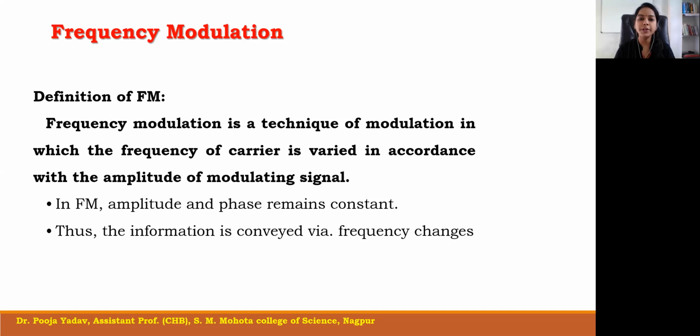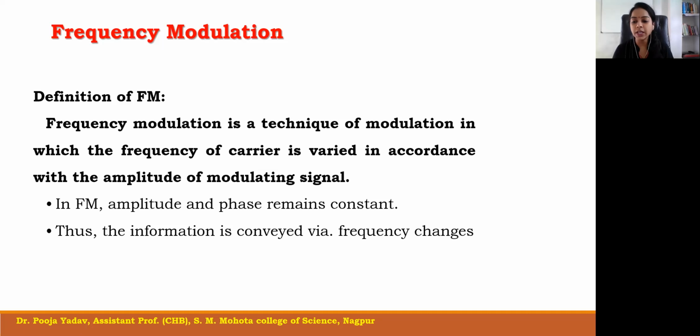So what we do, we mix our signal with the carrier frequency and we frequency modulate it. Means we modulate the frequency of the carrier signal according to the modulating inputs. Whatever your input amplitude will be, because it is nothing but a sine wave, so what is going to vary?